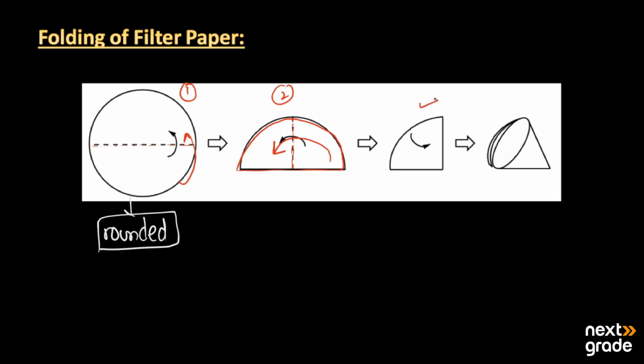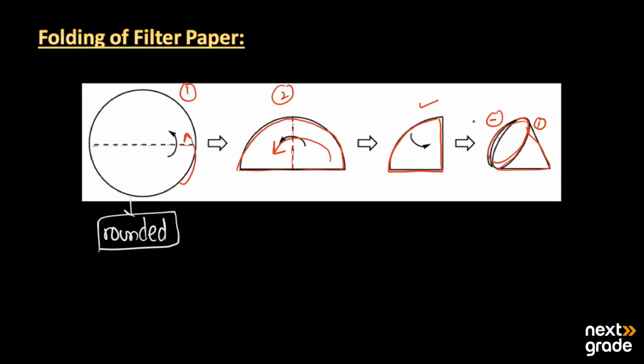And we will gain this cone-like shape. Now we will move three sides to this one and one side over there. So it gains the shape of a cone. This is the simple folding of the filter paper.